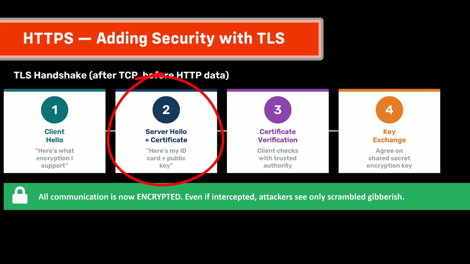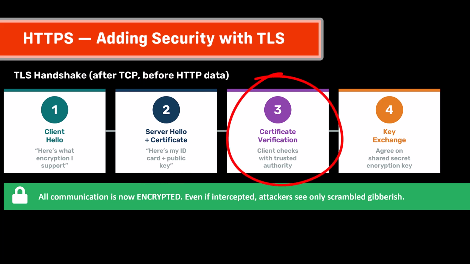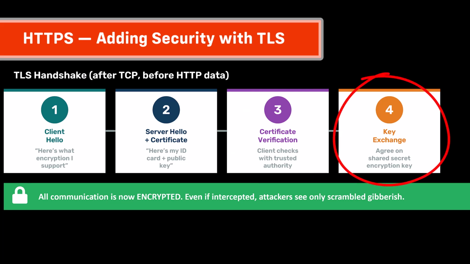It proves the server is who it claims to be. The client verifies the certificate with a trusted certificate authority. If it checks out, they agree on a shared encryption key. From this point on, all communication is encrypted. Even if someone is eavesdropping or intercepting your messages, they can't read anything.